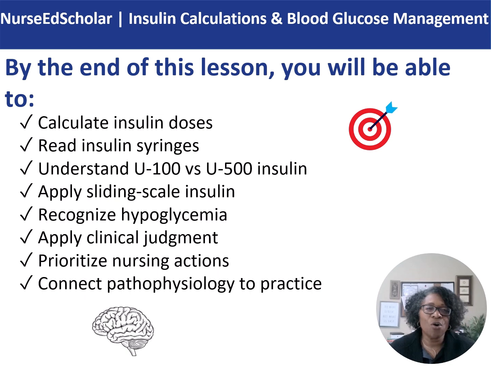By the end, hopefully insulin will make sense and you'll understand determining when to give insulin based on your patient assessment. Like when do you give it? When should you give it? Because I want to keep stressing this: you never want to just give medications blindly as a nurse because that really can harm your patient.